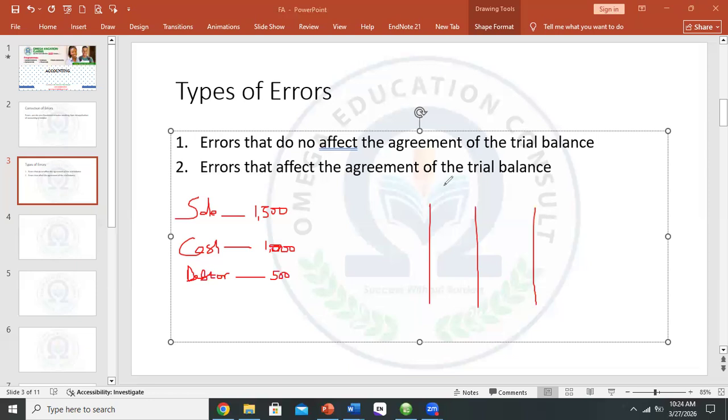But let's observe this. This is my debit column. This is my credit column. I put the sales at the correct place, 1,500 at the credit side, where it's supposed to be. Then I put the cash also at the right place, 1,000.